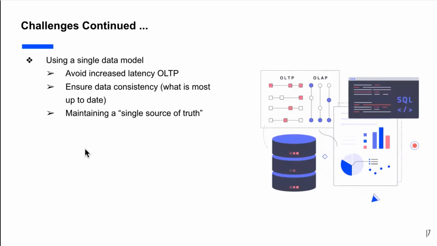And then the other challenge is to use a single data model. So I've got this operational data store here. And yes, companies do, particularly like MySQL, Postgres, even your large commercial databases, they will run some known OLAP type queries against that data. But there are penalties for doing that, right?